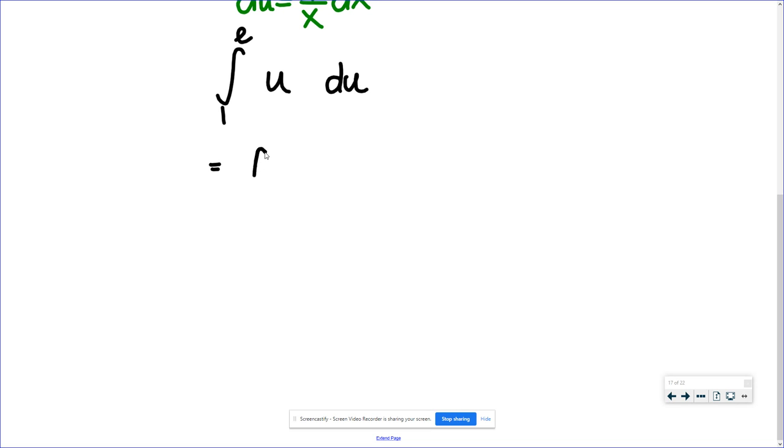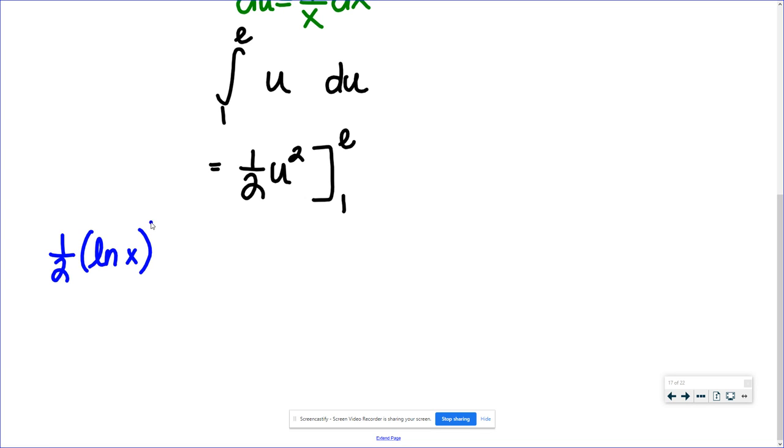Let's go with the antiderivative portion. So we're going to say the antiderivative of u is 1/2 u squared, and we are evaluating from 1 to e. So this is where I'm going to split, and I'm going to do the problem 2 different ways. So over here, I'm going to change the u back to x's. So that means instead of u, I put ln x. Everything else remains the same.